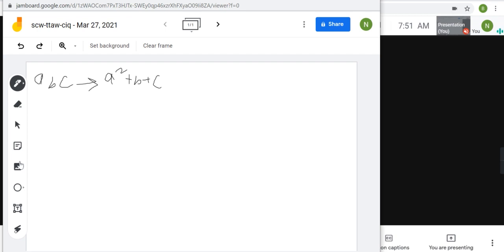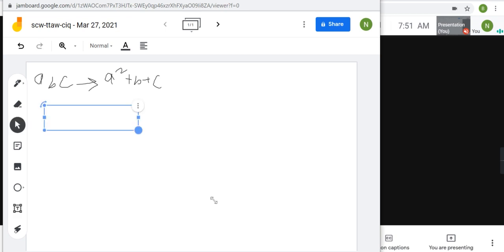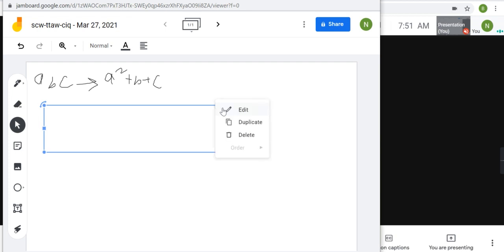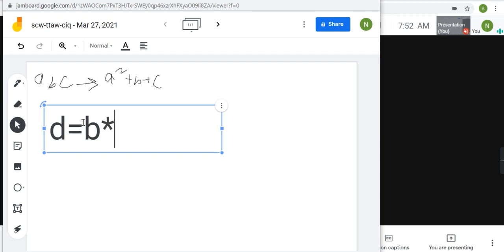To find the roots of a quadratic equation, we have some formula, that is d is equal to b square, b into b minus 4a, 4 into a into c.